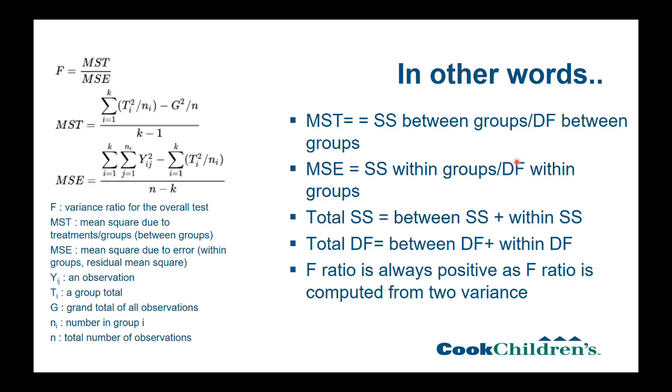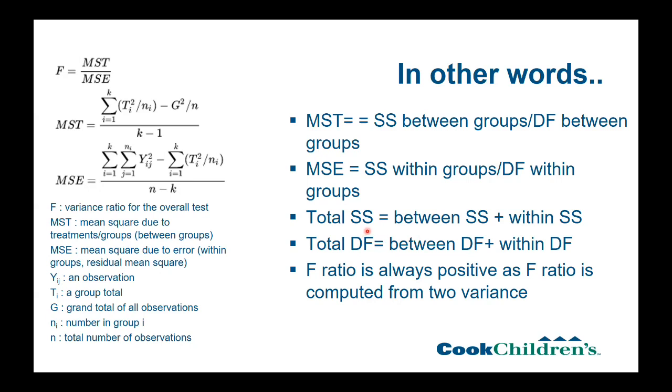It's important to know that sometimes some of the terminologies can be used differently. Instead of saying between, you might have an example referring to it as the treatment group. And instead of saying within, you can have the example referring to as the mean square due to the error.